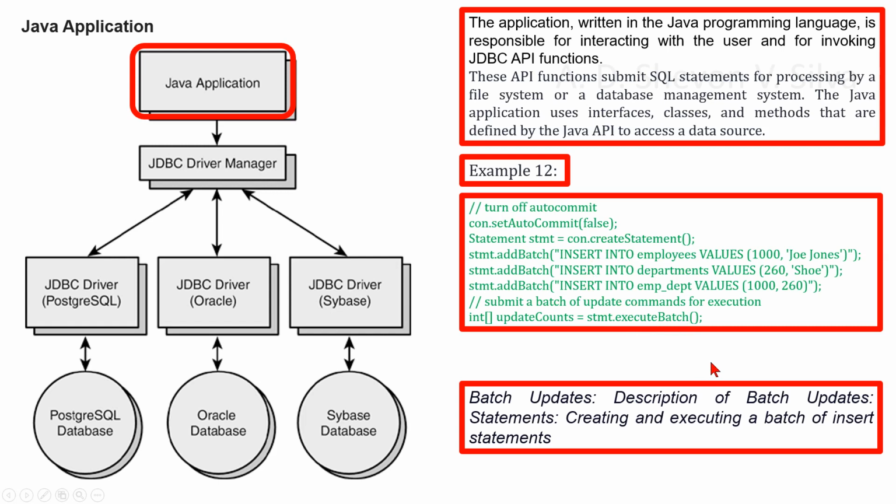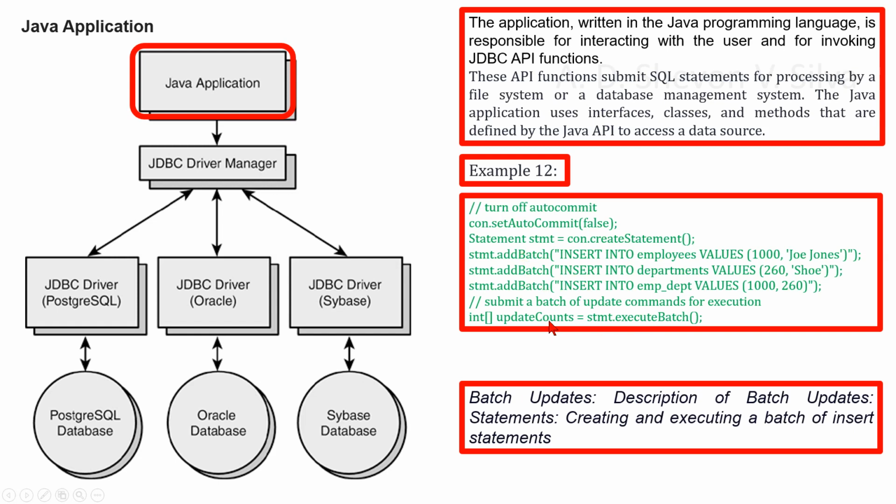The batch update facility allows statement objects to submit a set of heterogeneous SQL statements together as a single unit, or batch, to the underlying data source. Since the JDBC 2.0 API, a statement object has had the ability to keep track of a list of commands, or batch, that can be submitted together for execution.